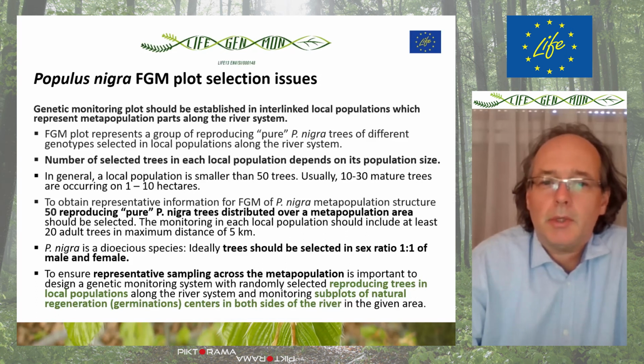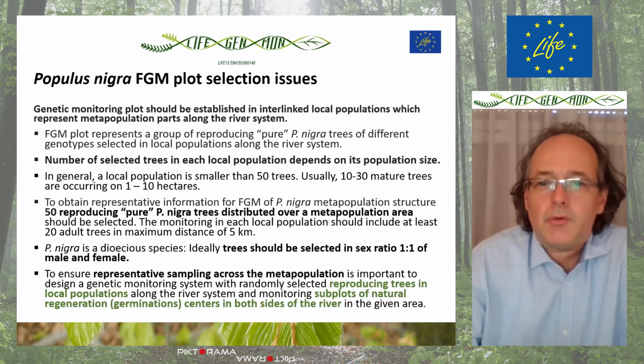The genetic monitoring plot has to be representative, and it should consist of 50 reproducing pure Populus nigra trees distributed over the metapopulation area.